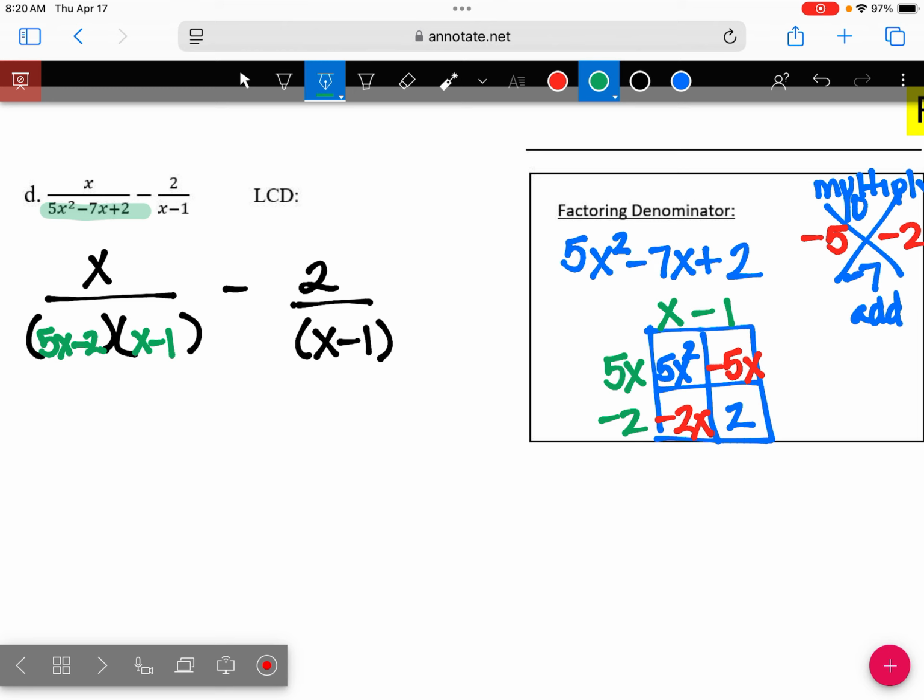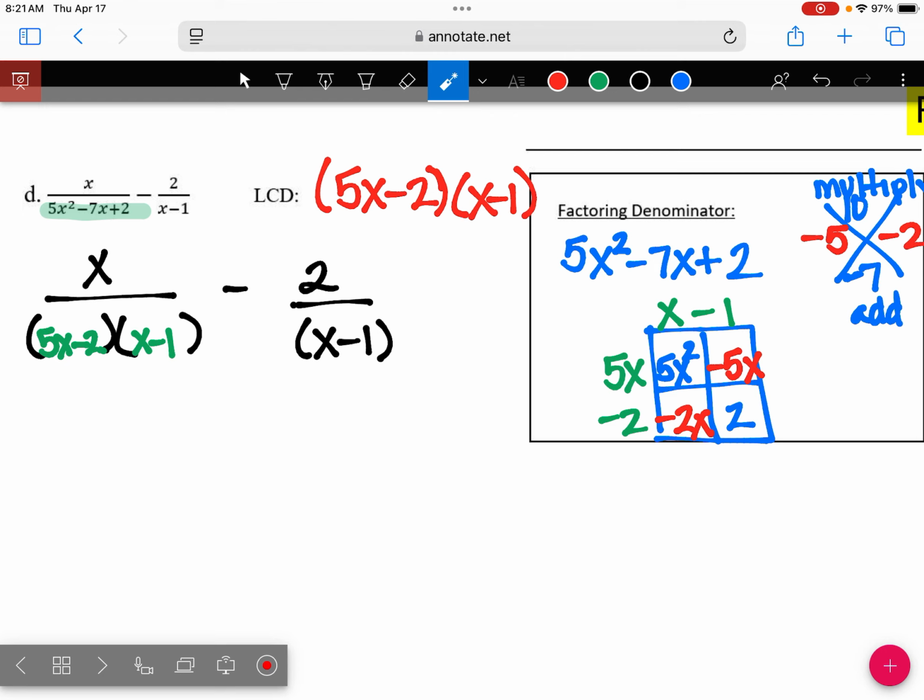So again, your LCD has to have both. I need both factors. So my LCD has to have the 5x -2 and the x -1. Looking here, this one has both, but this second one is missing one.